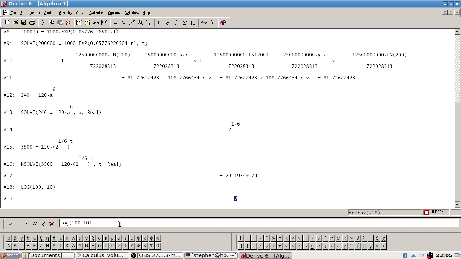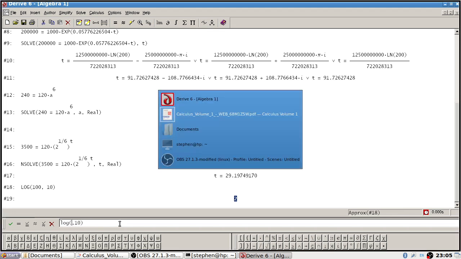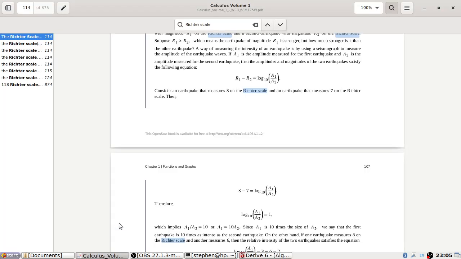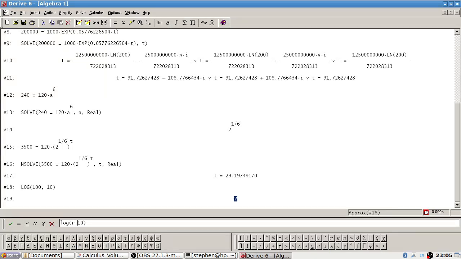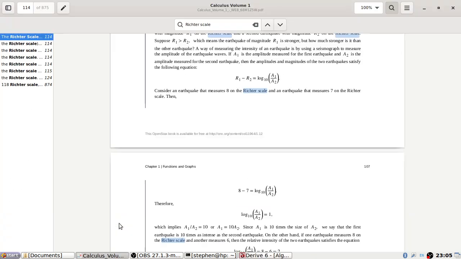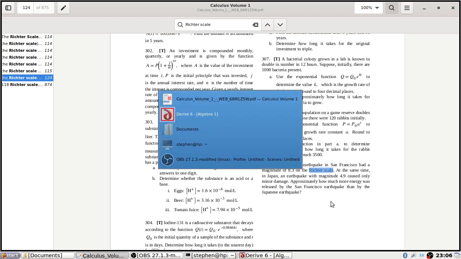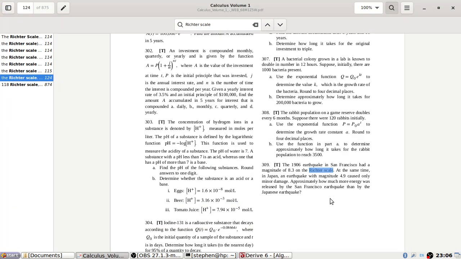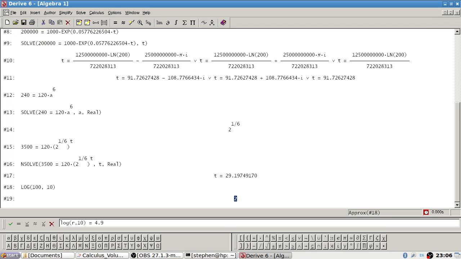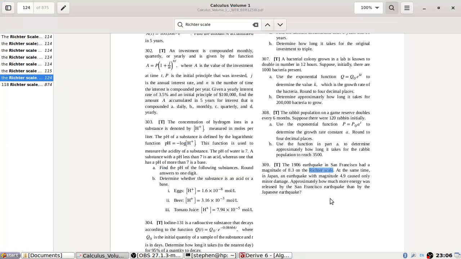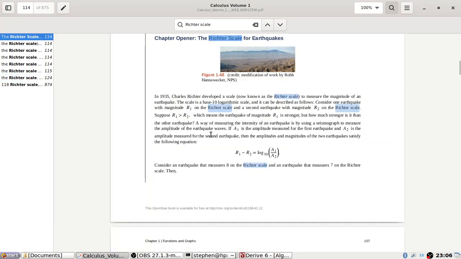Yeah, that's base 10. Okay, so that ratio, I'll just write R for ratio, log base 10, that's equal to the difference in the Richter scale. It's 4.9 and 8.3. And it'll be a negative number because R1 should be bigger.